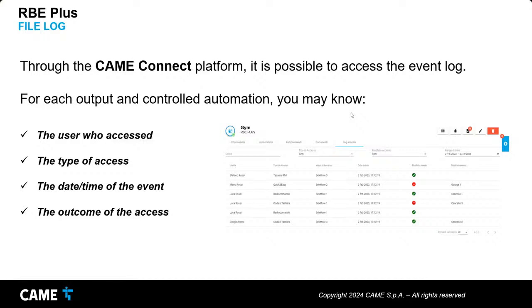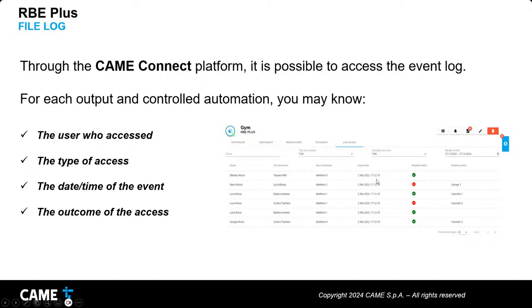For each output and automation controller, we can know who got access, the name of the person that entered, and the type of access granted: if they used the PIN code, the quick and easy solution, a transmitter, or a badge swept in front of the transponder, plus the date and time of the event.